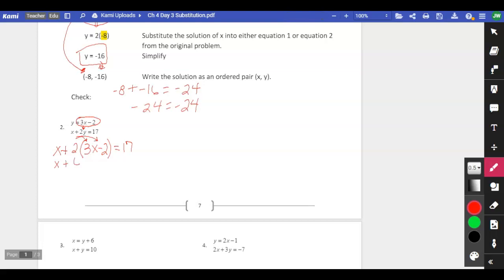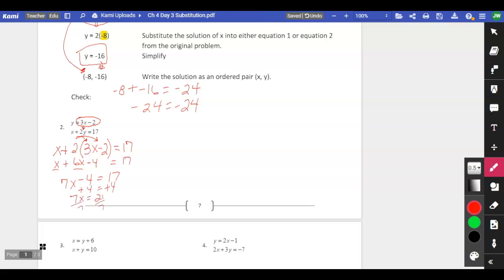So then I do my distributive property. So that's x plus 6x minus 4. These are like terms, so I combine them. 7x minus 4 equals 17. Add 4. 7x equals 21. Divide by 7.